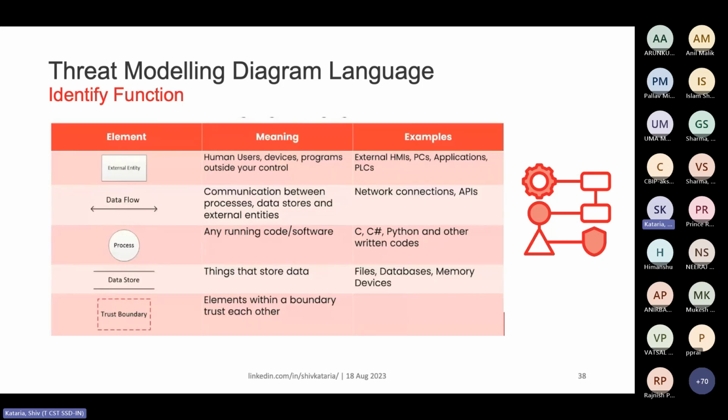The two-sided arrow shows the communication. A circle shows an application that is running. Two parallel lines show storage, and a dotted line square shows the boundary or trust boundary of that particular application. At the end of the stack, I have one example, and there you would be able to correlate these different entity elements.